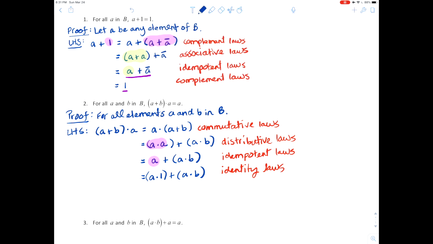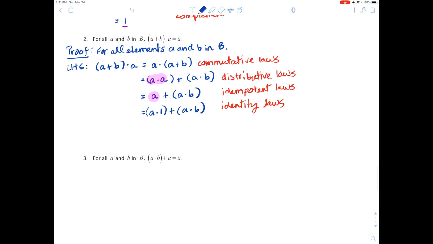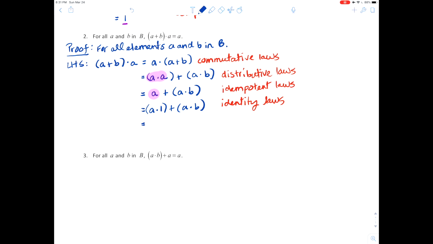And now we can use the distributive laws backwards, right? So this one will get A and 1 or B, right?